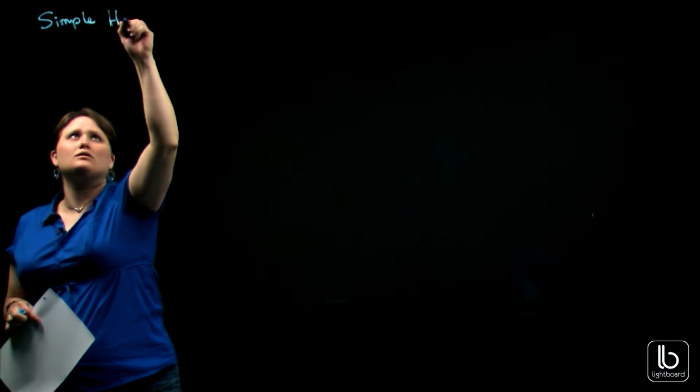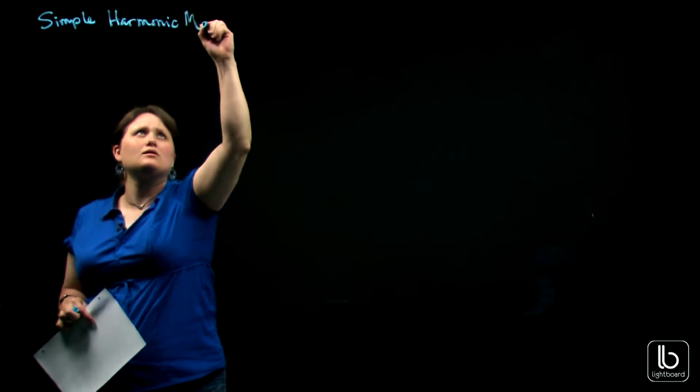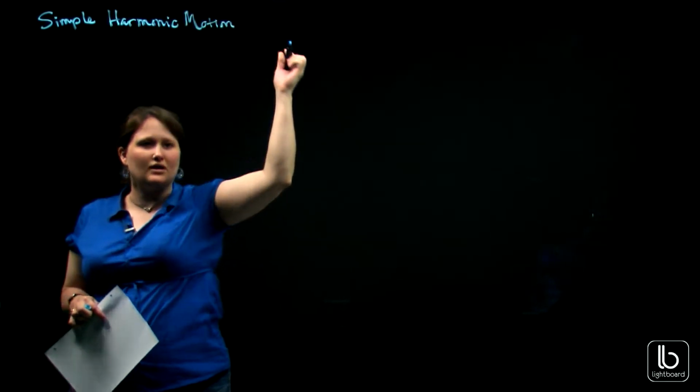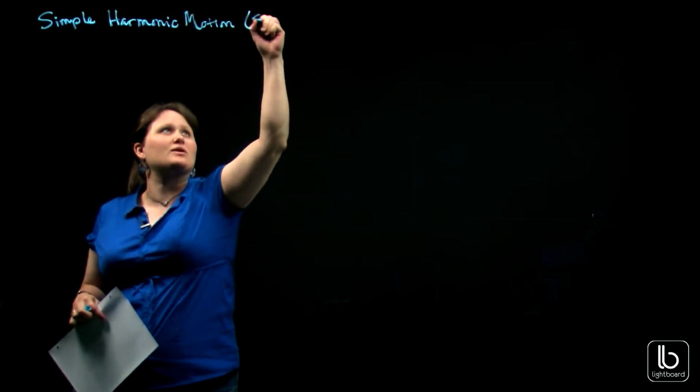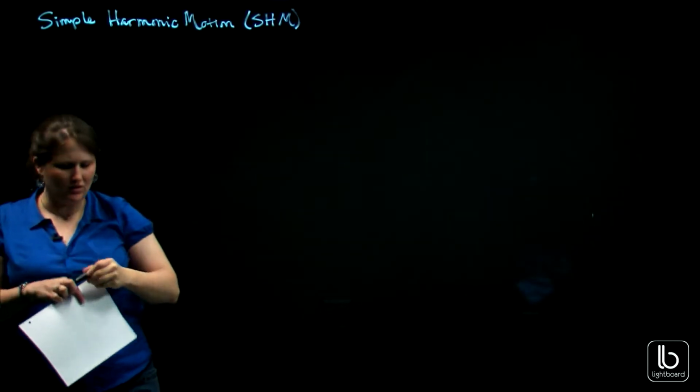So what we really want to focus on now in Physics 2 is not just an oscillation, but specifically we want to talk about something called simple harmonic motion. And we'll abbreviate that for the rest of the course as SHM.